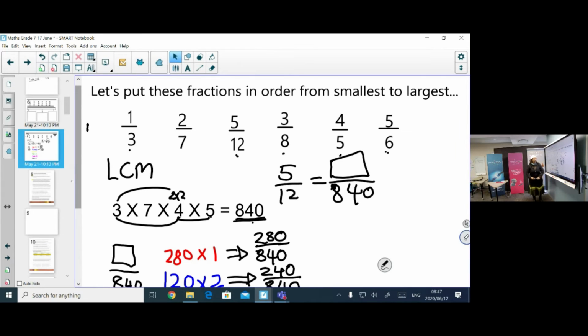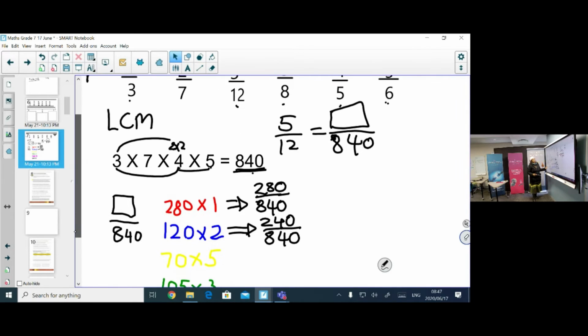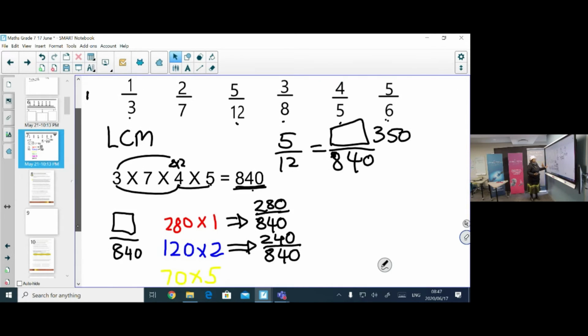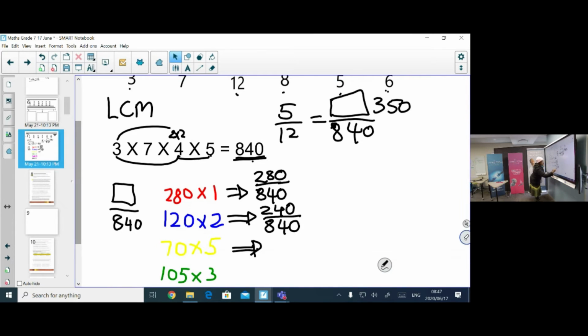So what we do, we say 840 divided by 12, and then we get 70. 70 times 5, because we have 5 over there, is 350. So the answer there is 350. If I go back here, the third fraction becomes 350 over 840.